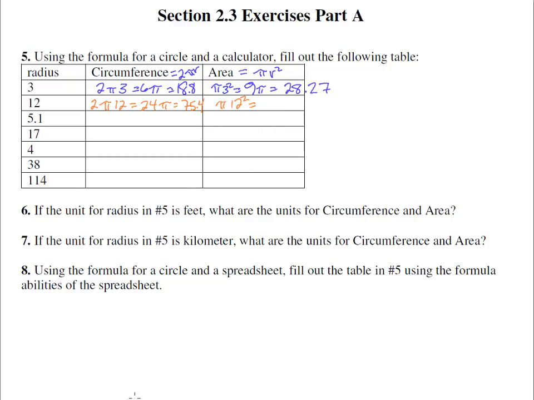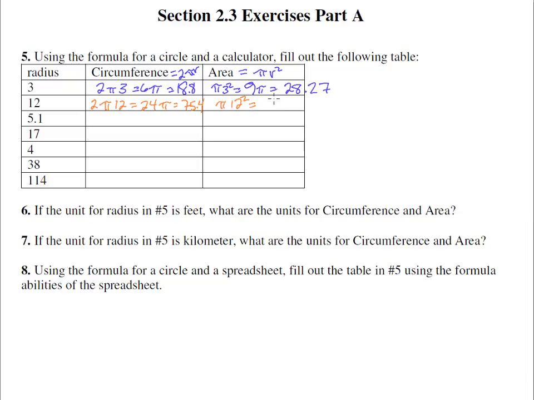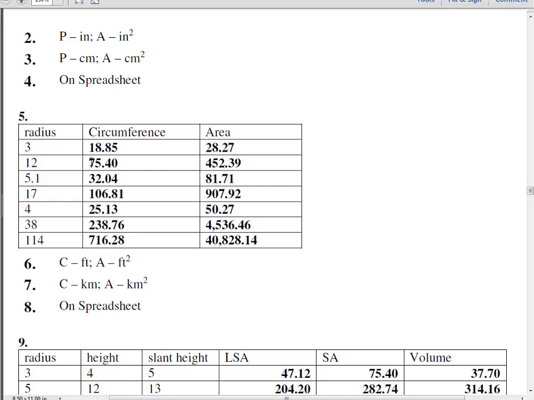So 144 pi. Let's punch that in. 144 times pi equals 452.4. Good. Let's double check those two answers. 75.4 and 452.39. We just had one decimal place less than they did, and that's okay.